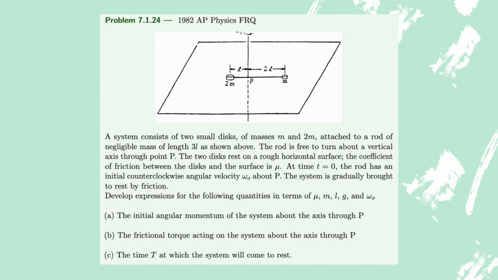Now in part A, we want to find the initial angular momentum of the system about the axis through point B. So we're going to use the formula that the angular momentum equals I, the rotational inertia, times omega. We can find I by considering the two point masses, the two disks. They each have a mass, and they're a certain distance away from the axis.